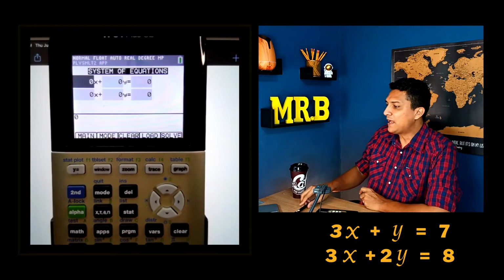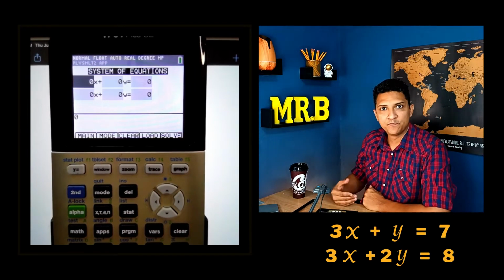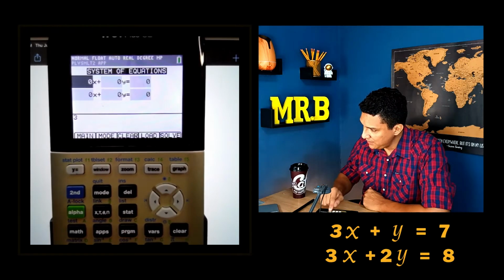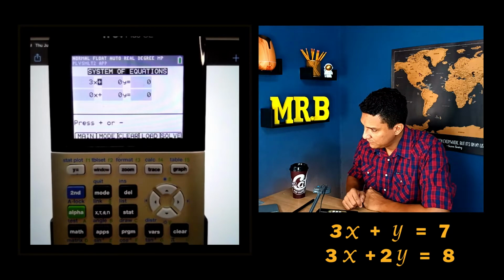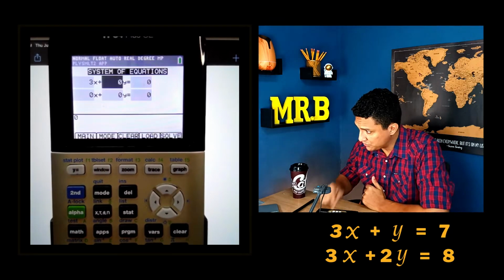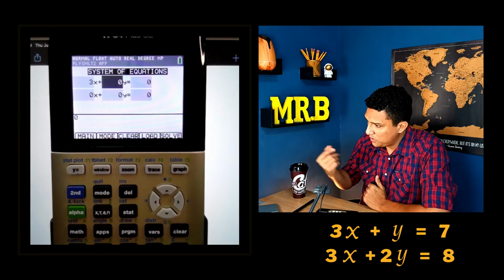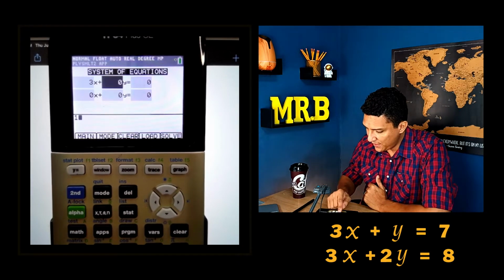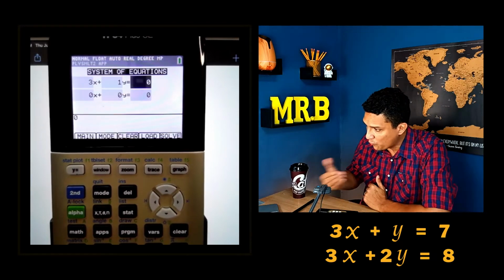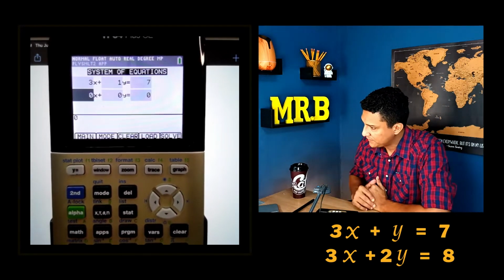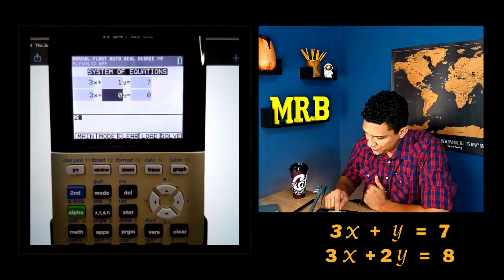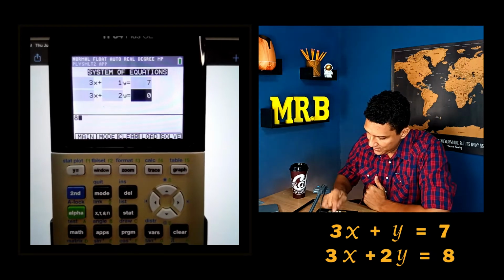And now the calculator is asking me to input the 2 equations. So I'm gonna press 3, enter, x, it is plus, so enter again. In front of the y, the coefficient is 1. Remember that when y has nothing, it is 1, so 1y, and then equals to 7. Okay, the other one is 3, enter, 2, plus first, then 2, and now equals to 8.